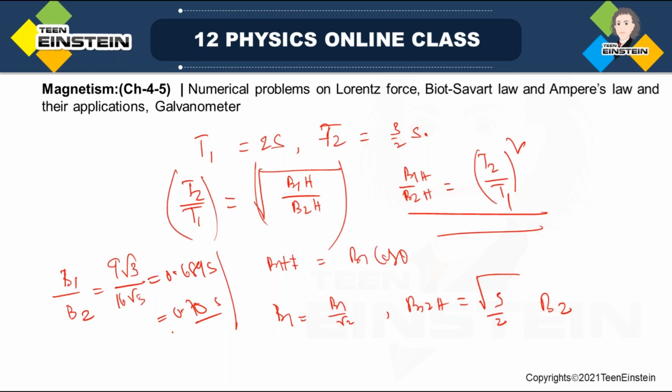B1 by B2 is equal to 0.7 we will be able to get.